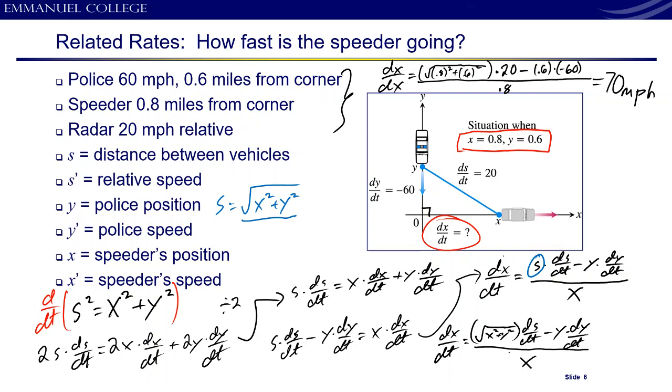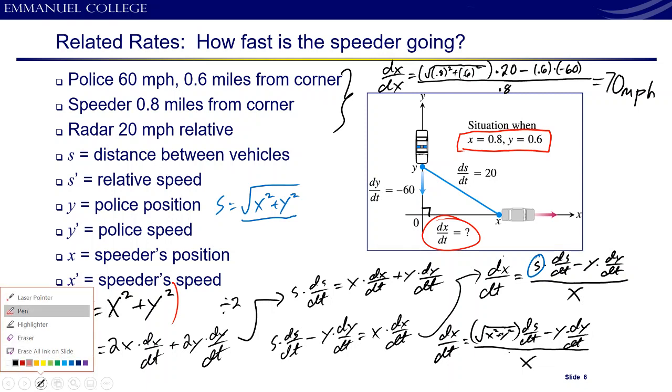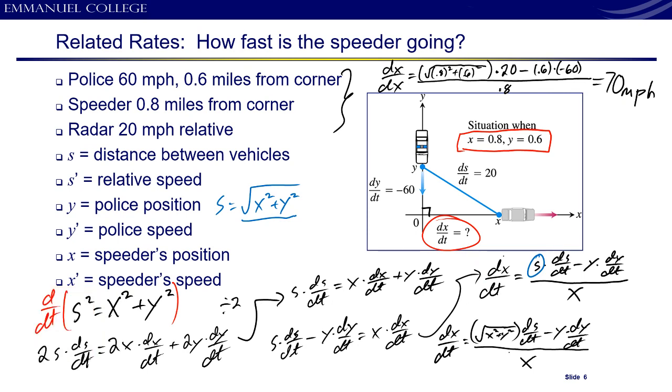First thing we did, I'll mark these in purple. So first thing we had was the what do you know. The police is going 60 miles per hour. They were 0.6 miles from the corner.